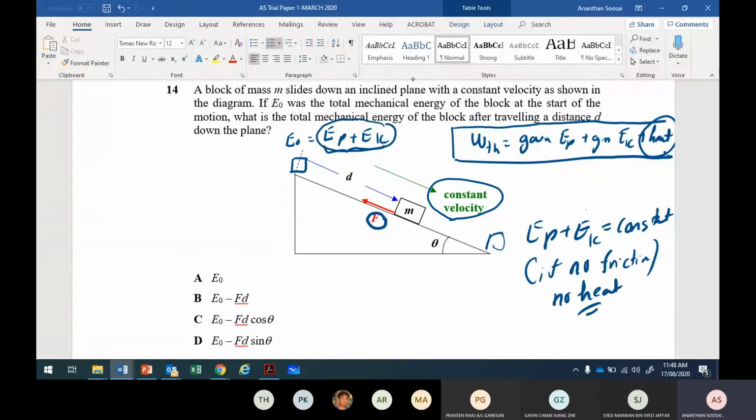The only thing is the EP is converted to EK, but the total mechanical energy is constant. But because it goes down and there is a friction acting upwards, heat is generated. So the EP plus EK minus the heat is the new total energy.